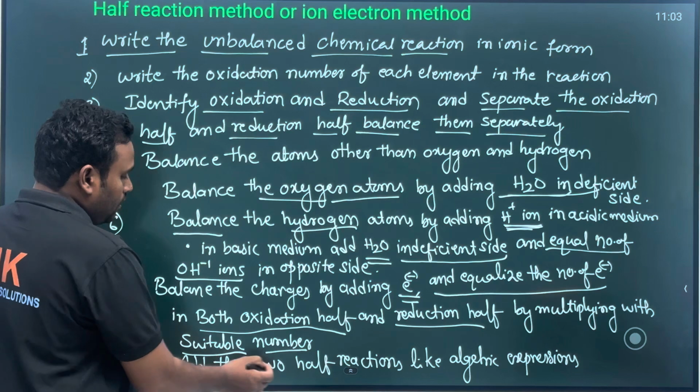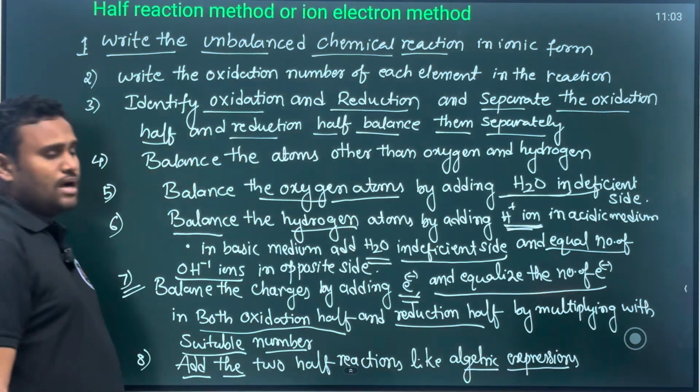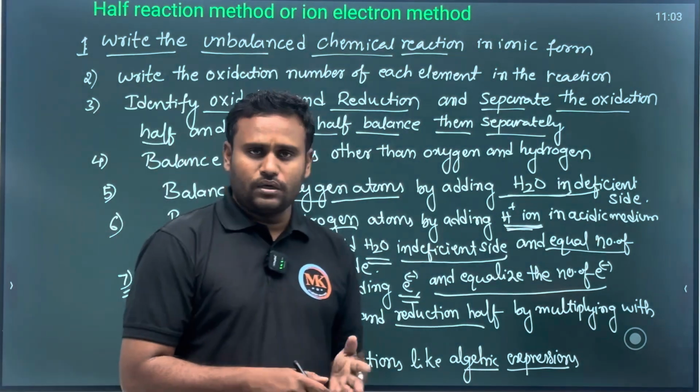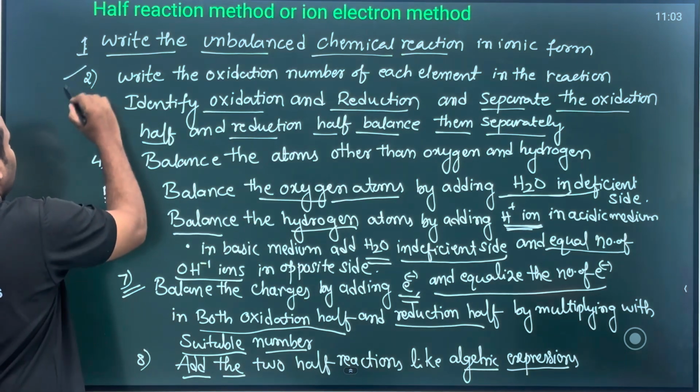Then add the two half reactions like algebraic expressions, and you will get the balanced reaction. These are the steps we need to follow.